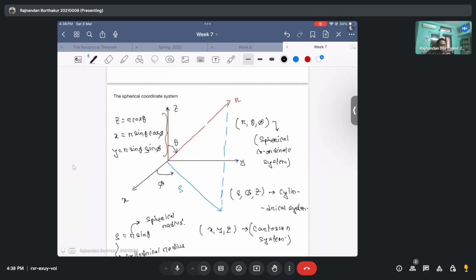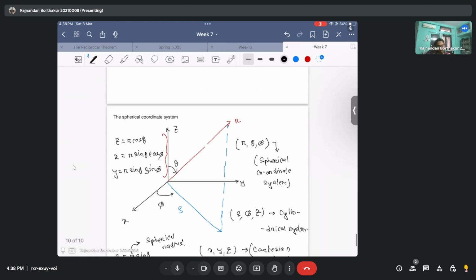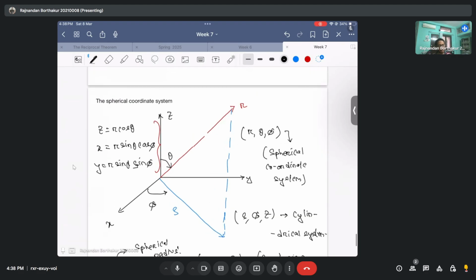That's a little bit of a bigger problem, and we will try to solve it very systematically in the next class. We'll be using the spherical coordinate system, but that problem is axisymmetric, so we will not have a dependence on phi. Rather, we'll just have r and theta come into the picture, because the problem is axisymmetric with respect to the axis of symmetry, which happens to be the z axis.